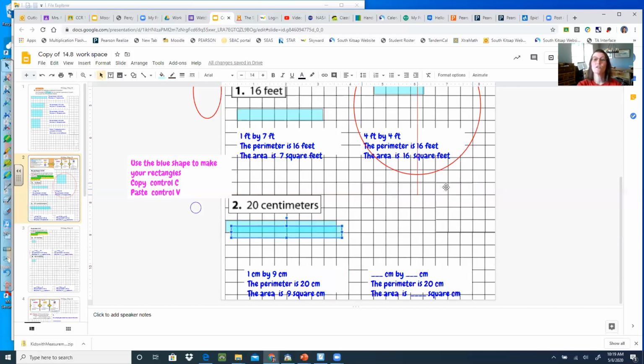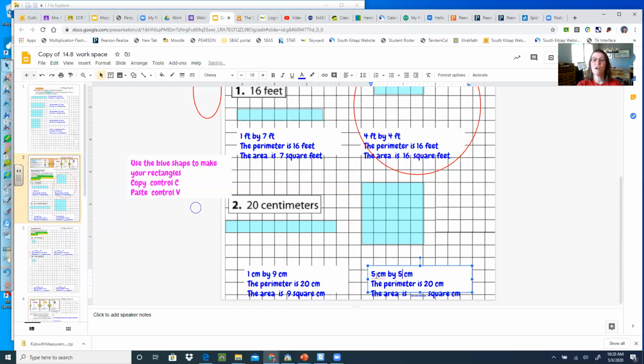And I want to try to do a 5 by 5. So is that 5? Let's see. 1, 2, 3, 4, 5. Yep. Is that 5? 1, 2, 3, 4, 5. Yep, that works. So 5 plus 5 is 10, and 10 plus 10 is 20. So that gives me that perimeter of 20.